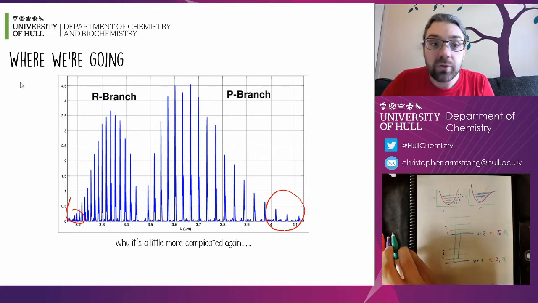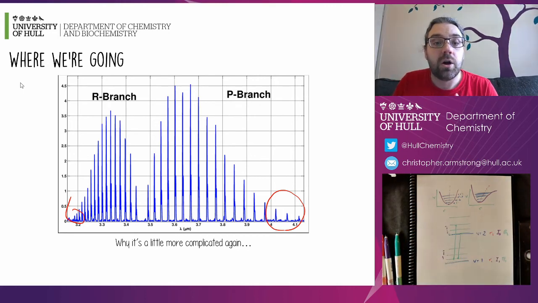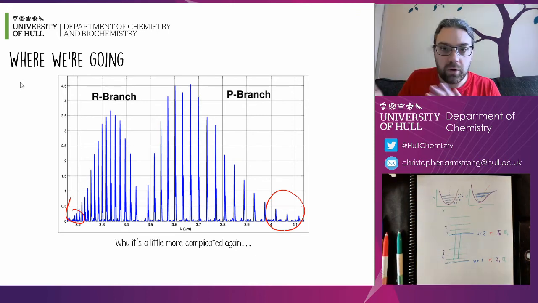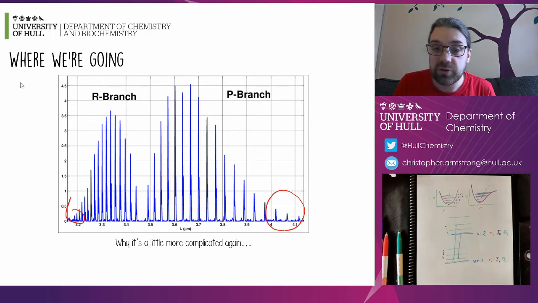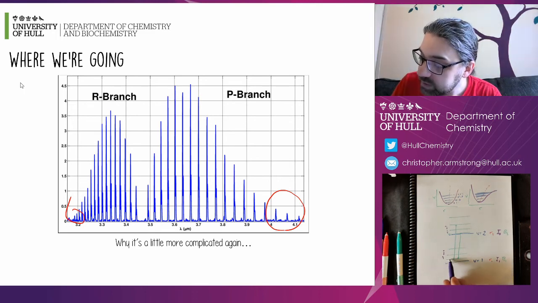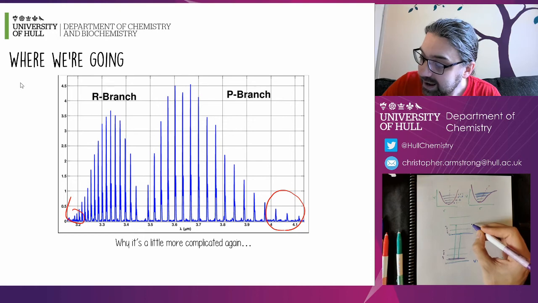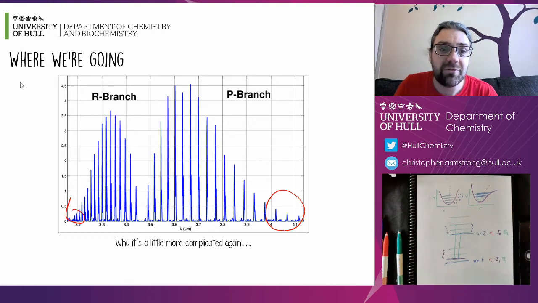So we could find those two pairs of lines on the actual spectrum itself, one in the P branch, one in the R branch. So you need to find two that all have the same ground state here, and the difference is only B2 here, the upper state's rotational constant.